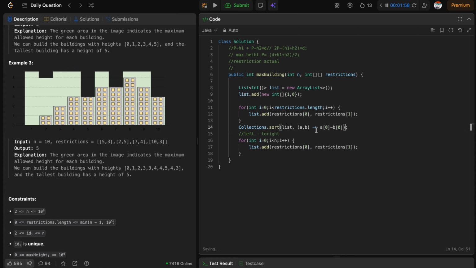Now it's getting sorted. It takes 2 elements and compares the first values, and then fixes the order. Now it is done.